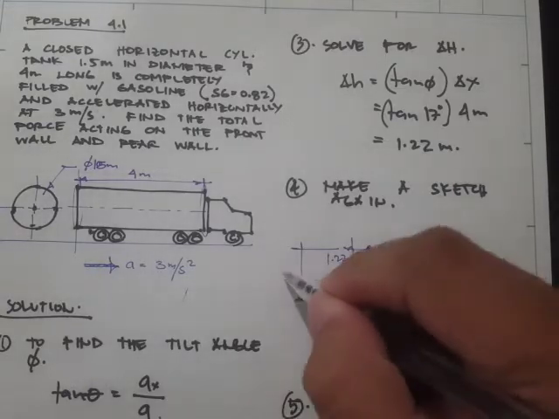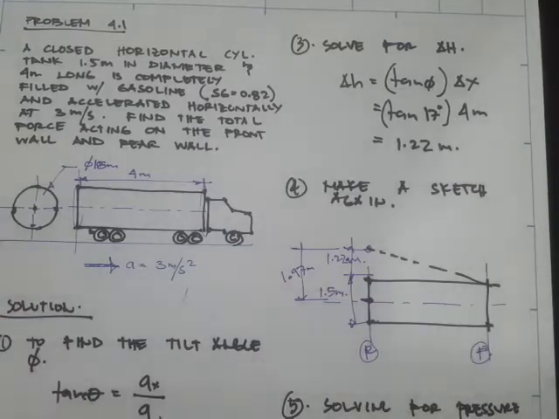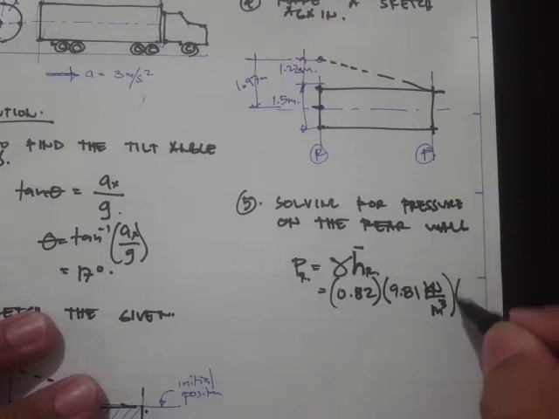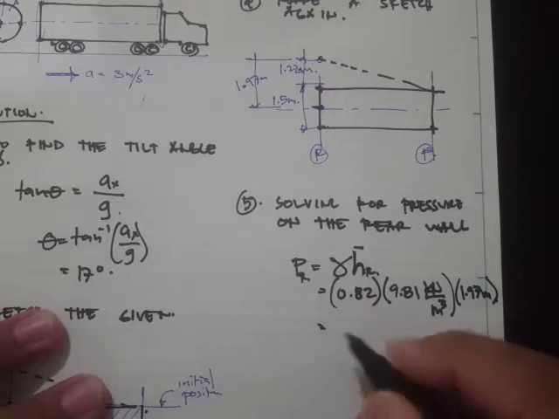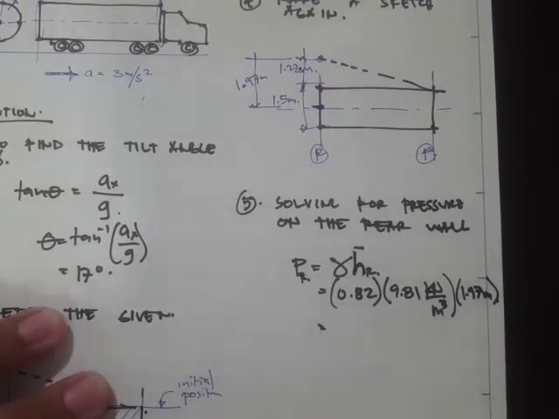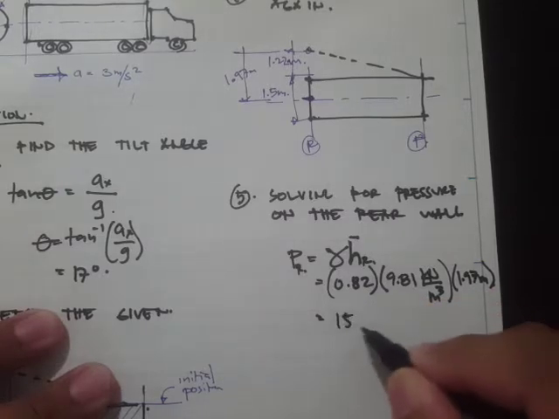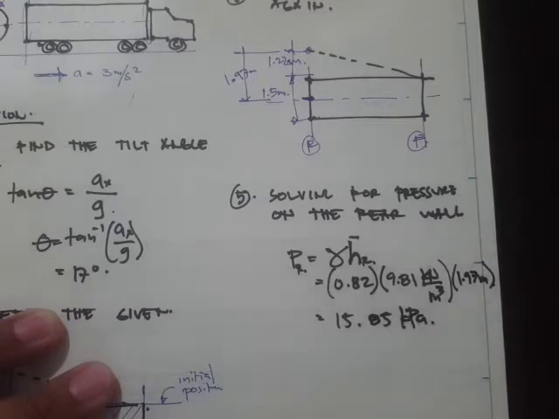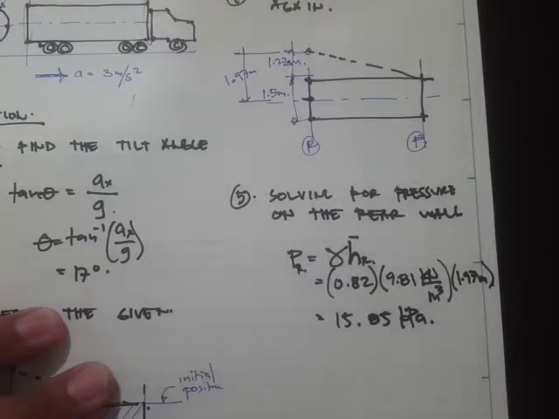That's just 1.97, okay, right? So 1.97 meters. That's our H, let's say H sub R. Now, if you do the math, you would get 15.85 kPa.